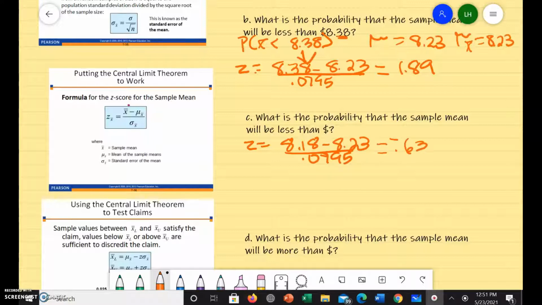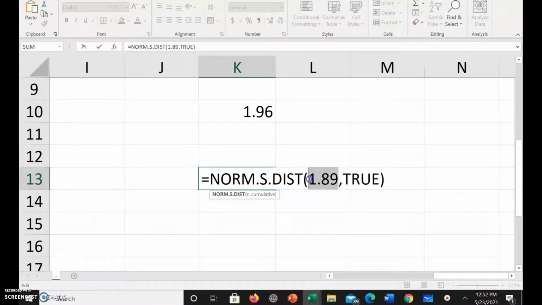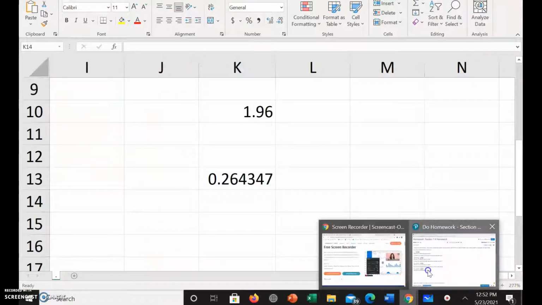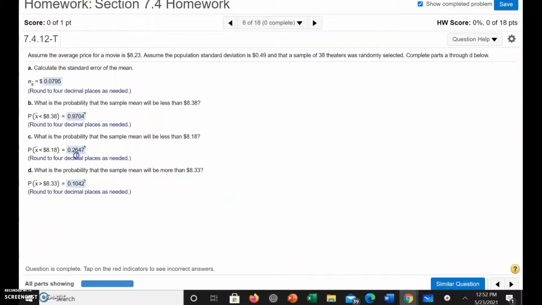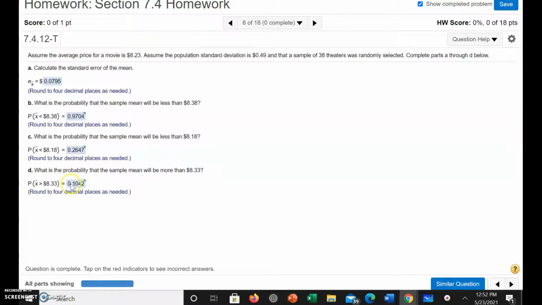Okay, I got negative 0.63. Let's check that. Okay, 0.2643. 0.2643.